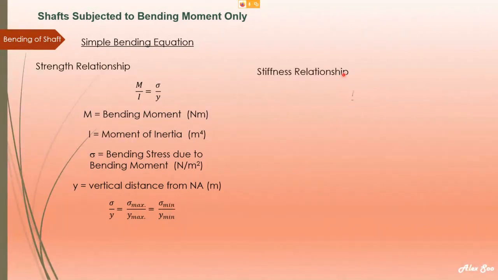And then for the stiffness relationship, we have M over I equals E over R. In the torsion equation, the stiffness relationship is T over J equals G theta over L. So this is bending, so it refers to Young's modulus E, and this R is the radius of curvature.